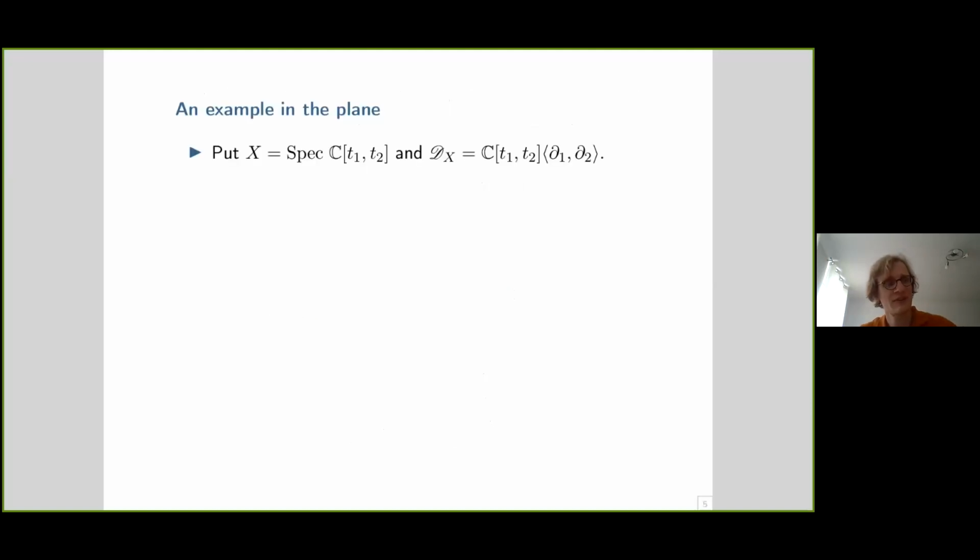So of course you can now do the same in higher dimension. So say we are in the affine plane with 2 coordinates T1 and T2, then dx is just this non-commutative algebra with 2 commuting variables and 2 derivatives.